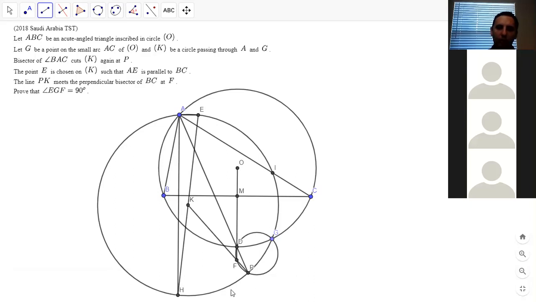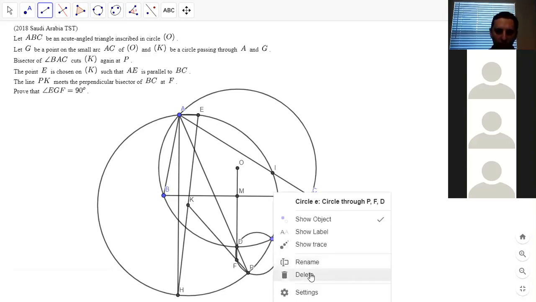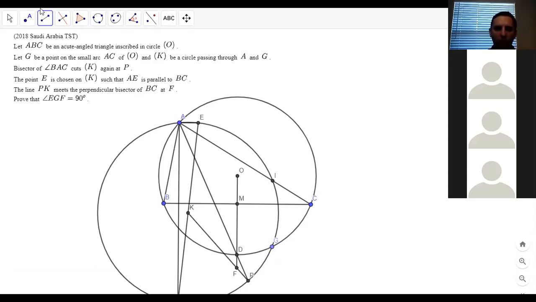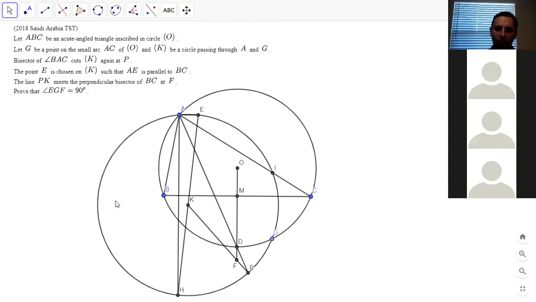Oh, we want to prove that it's cyclic. Yeah, let me think. Oh yeah, the incenter-excenter lemma looks possible.